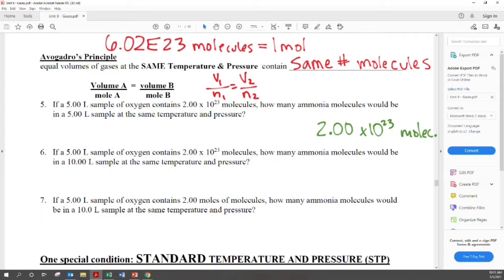Now, of course, I would want to see some kind of work or explanation for that. And it's easy enough to just set this up, even if I'm not actually doing any cross-multiplying or dividing. I can see that 5 over that 2 times 10 to the 23rd is equal to 5 over some number.